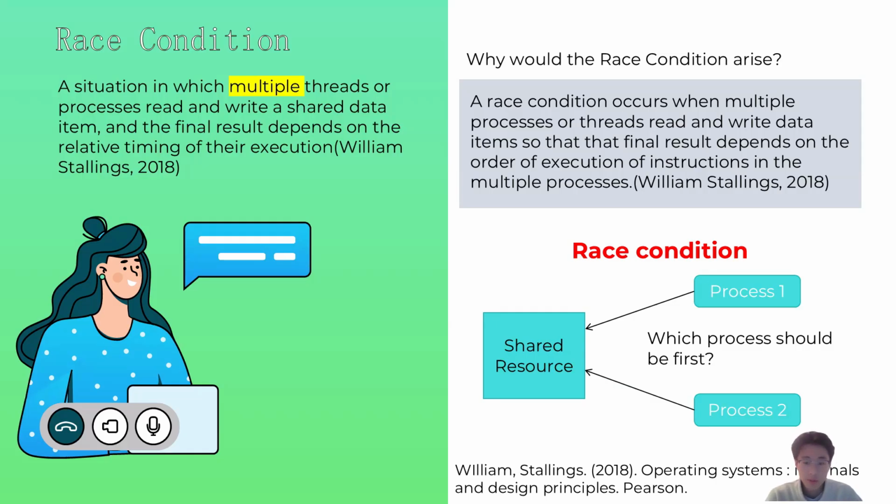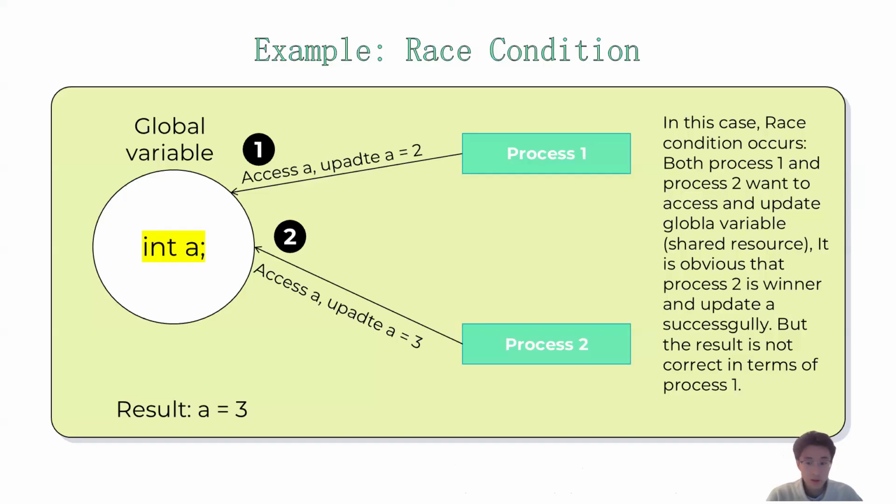So here is a very simple example of a race condition. If process one wants to access a shared resource and process two also wants to access the shared resource, which process should be first? Here you can see a global variable a.